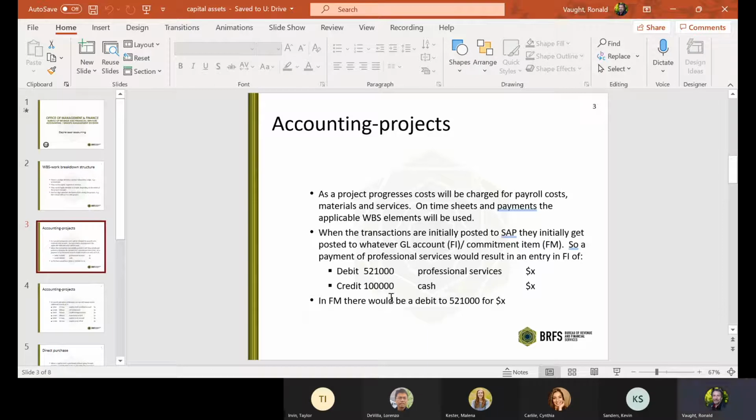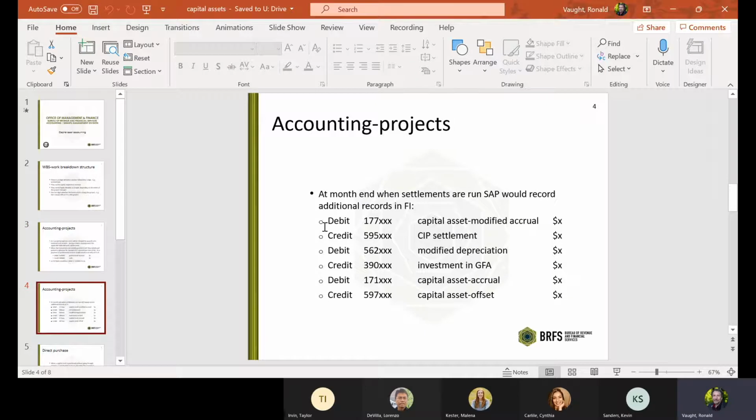Since in FM we really don't have a balance sheet, we're just recording expenditures and revenues, basically all you have is a debit to the 521 account. Now, that really doesn't create a capital asset or a capital outlay.